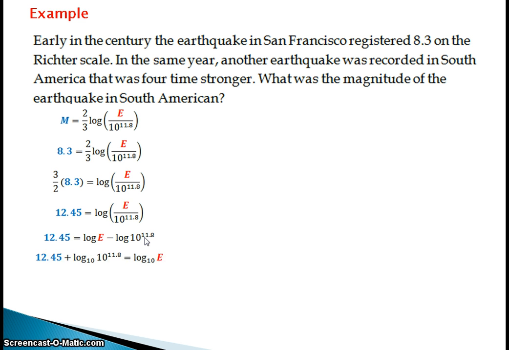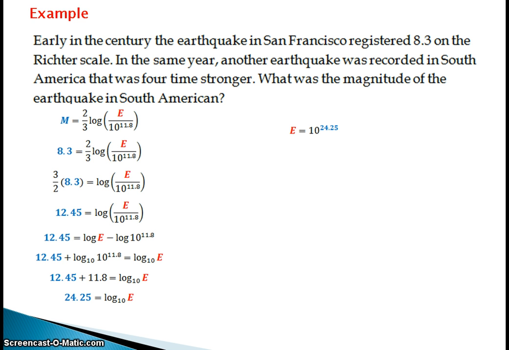And now we can add that to both sides of our equation and isolate the log of E, where E is our unknown or our variable. And so we find out that log base 10 of E is equal to 24.25.